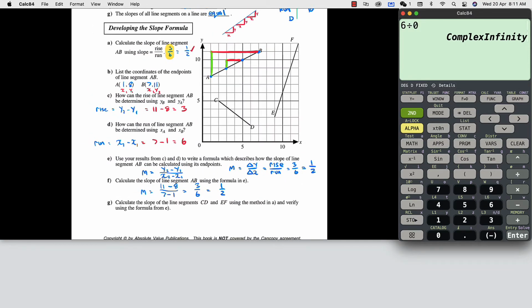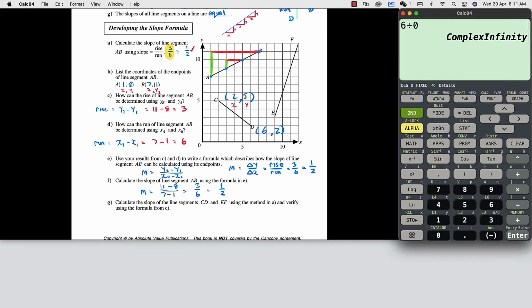So basically the first thing I want to do is find the value of the coordinates of these 2 points. So C is going to be (2, 5), and D is going to be (6, 2).